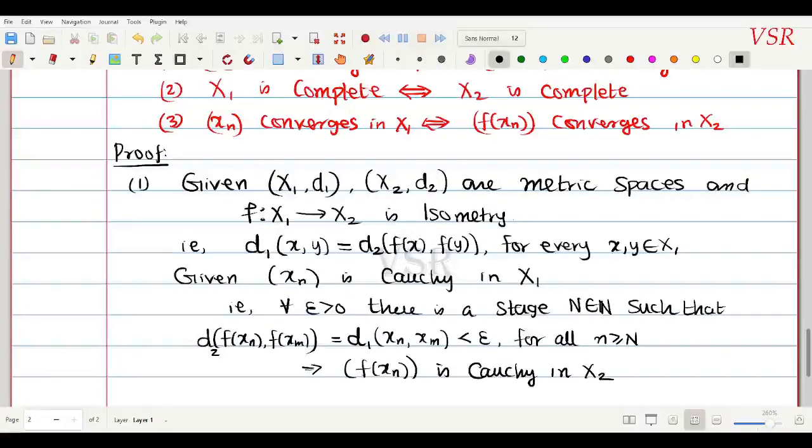Okay, அப்படியே ரிவர்சல் எழுதிடலாமா? If f of xn is Cauchy ஆகிறதுனா then for every epsilon positive there is a stage such that d2 of f of xn, f of xm is less than epsilon for every n, m greater than or equal to N, and this one is equal to d1 of xn, xm, therefore xn is Cauchy. Okay, so the converse is also similar.